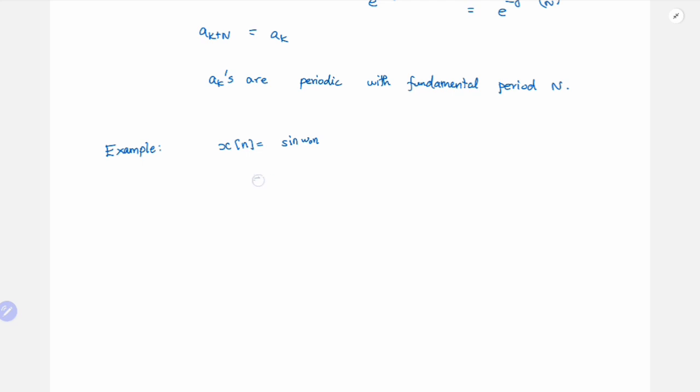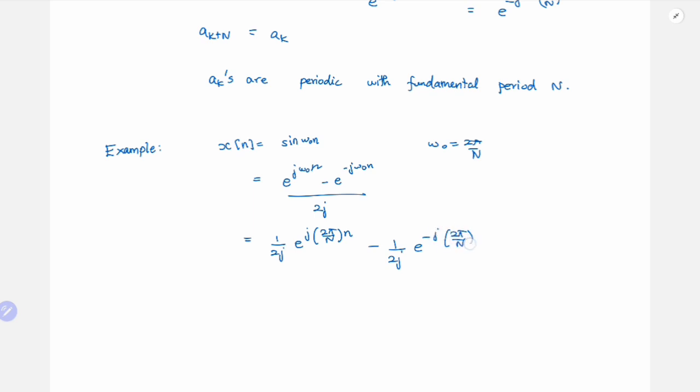This I can directly decompose into the complex coefficients. So I'll have e power j omega naught n minus e power minus j omega naught n by 2j, and if I write omega naught equal to 2 pi over n, this is nothing but 1 over 2j e power j 2 pi over n into n minus 1 over 2j e power minus j 2 pi over n into n.